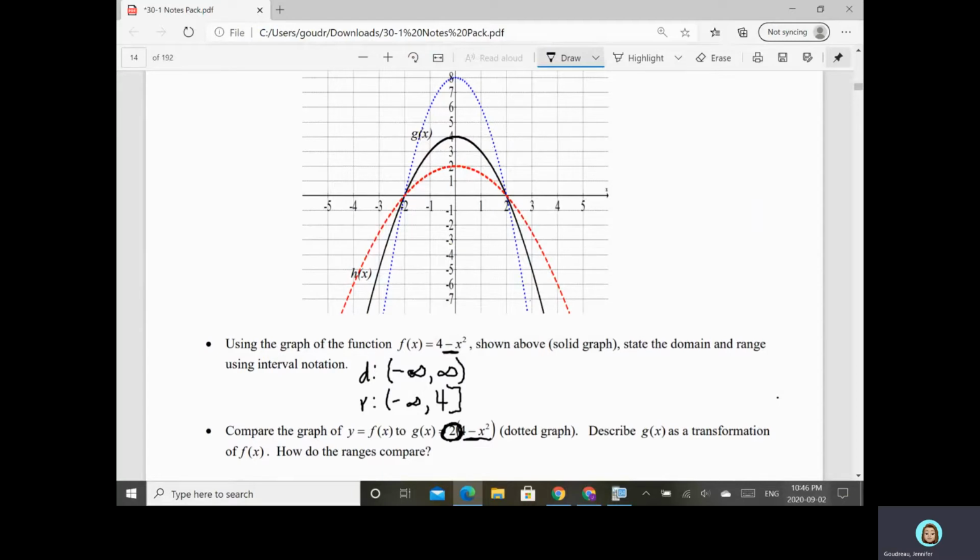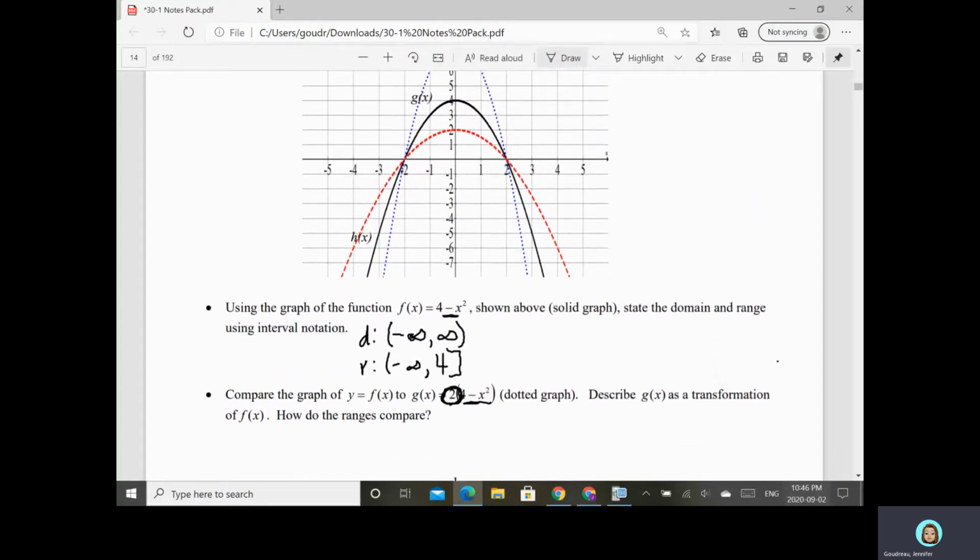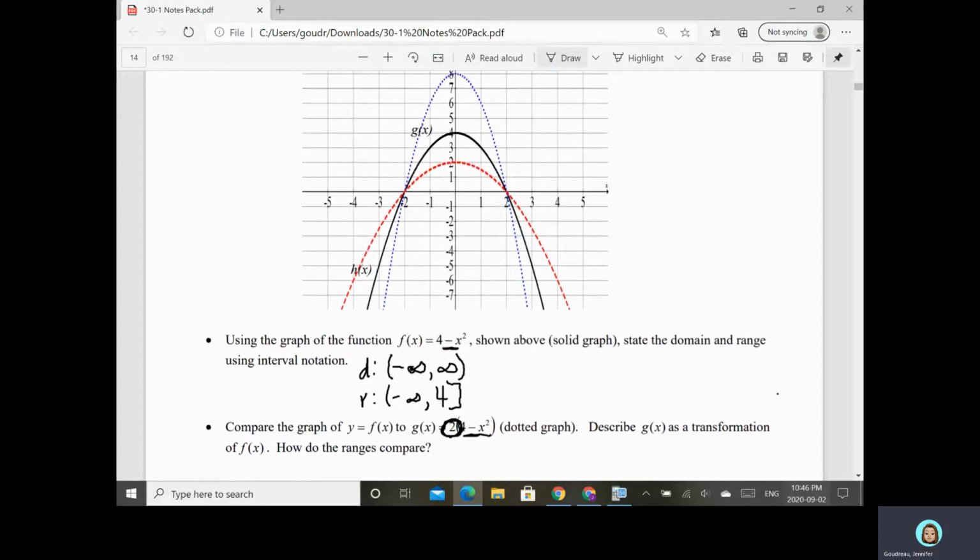How would we describe g(x) as a transformation of f(x)? Well, here's what I notice. I notice that it is taller than f(x). If we even have a look at the y-intercept, f(x) is intercepting the y-axis at 4, whereas g(x) is doing that at 8. It's a little skinnier, but it's really taller.